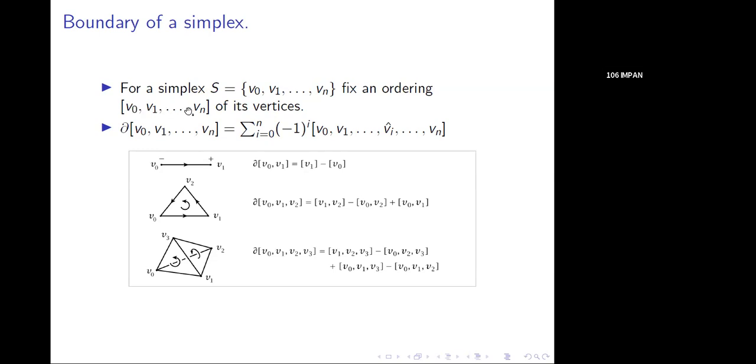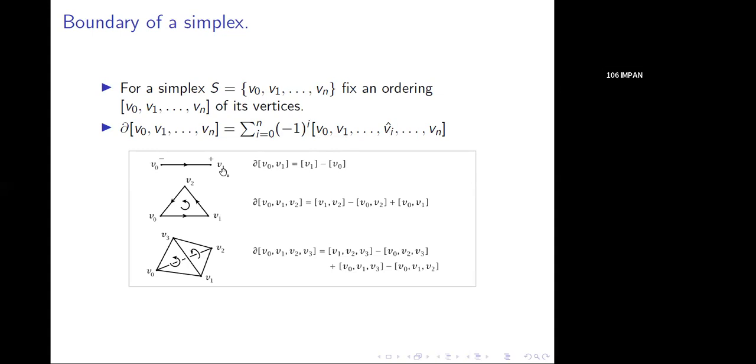But then once I have an ordered collection of vertices, the boundary of that simplex will be just a sum of -1 to the power i, where i is the index on which we are summing, multiplied by a simplex in which the vertex Vi is taken out.